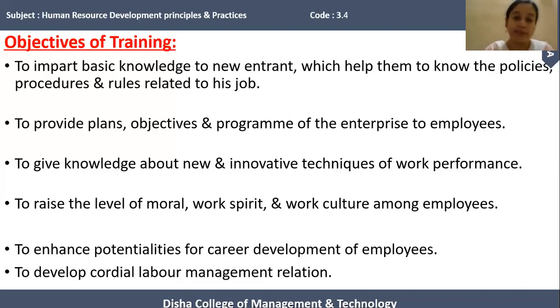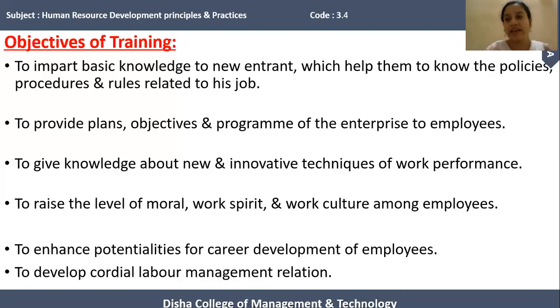So training helps the organization fulfill the gap between the skills it requires and the skills its employees have. Generally, training is for a short period of time and only for a particular task, or for a specific purpose only.